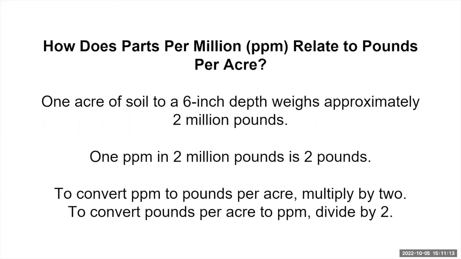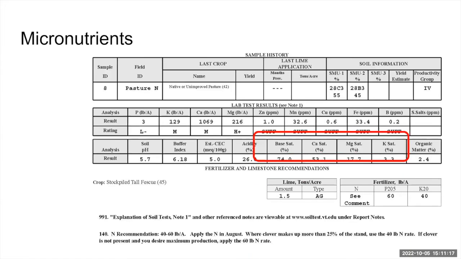It's not rocket science. If that doesn't make any sense to you, disregard. But as you can see, our micronutrients are reported in ppm, and in part that's because they're found in pretty small quantities in the soil anyways. As you can see, for this soil test, all of our micronutrients were at sufficient levels for crops.